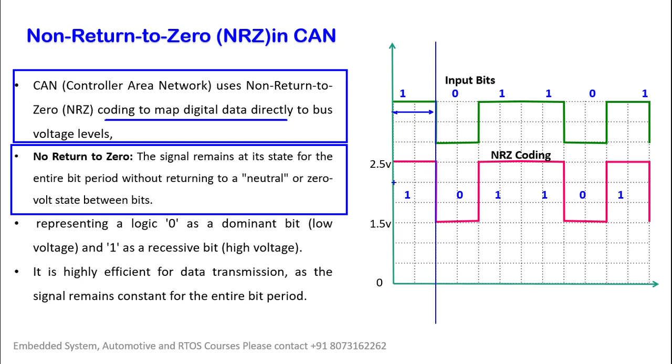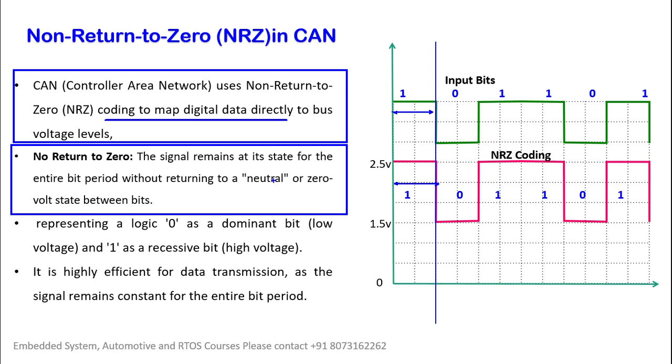Throughout the signal time period, your CAN signal will have constant voltage. That is called NRZ. We never go to 0 and we never return to 0. The signal remains at its state for the entire period without returning to neutral, or without returning to 0 volt. This type of coding method is called NRZ coding.